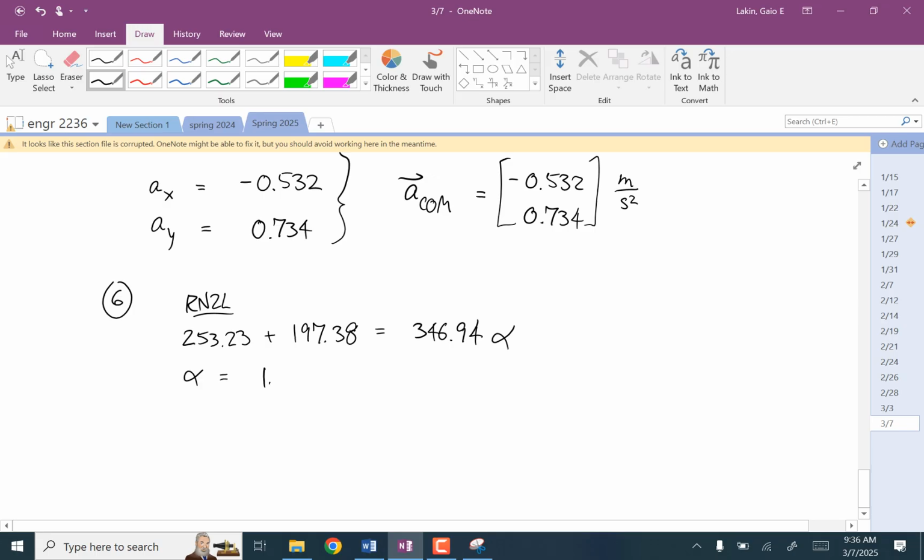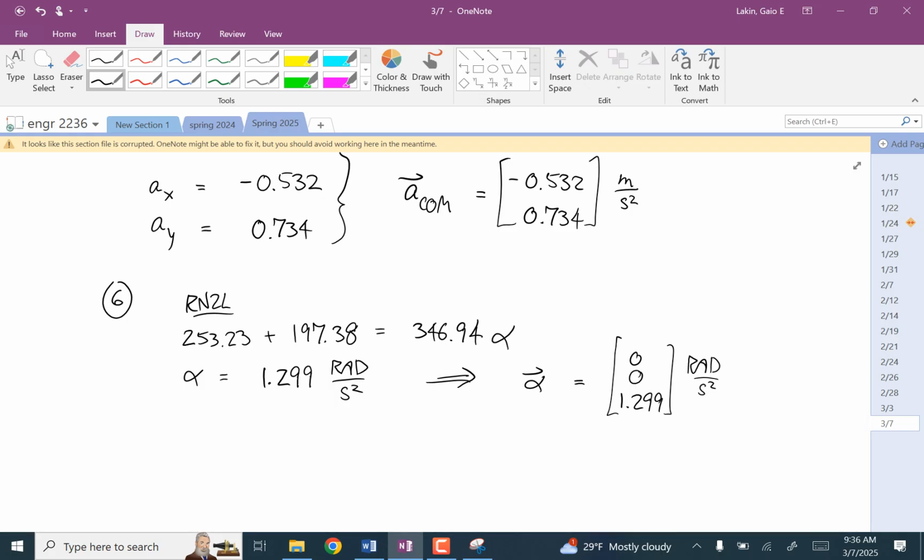So positive 1.299. And so that gives that as a vector, alpha is 0, 0, 1.299. Any questions about that?